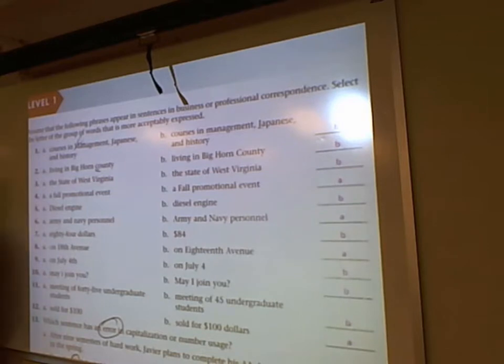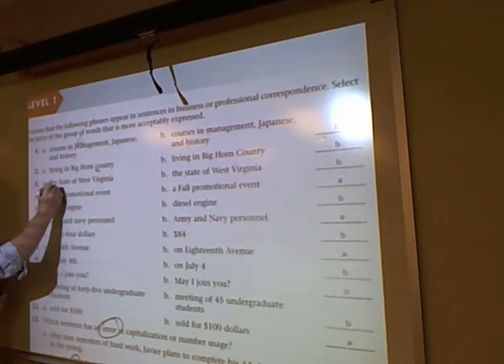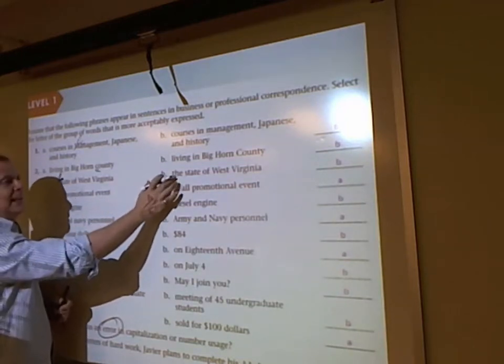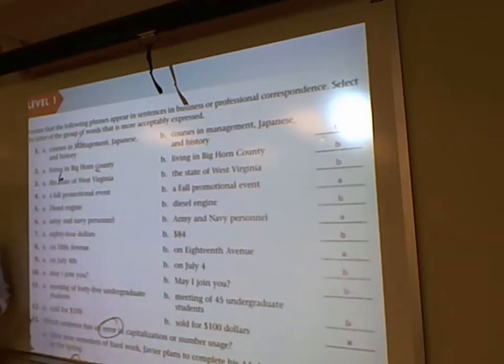It doesn't say. But if you were just writing business correspondence and said, we're happy for all of the citizens in the state of West Virginia, then state, county, or city that comes before the name should not be capitalized. So letter B is your correct answer, where it's lowercase.